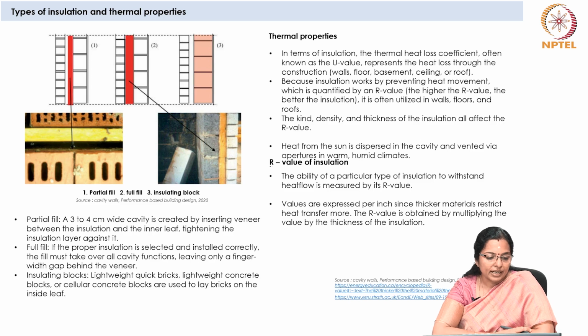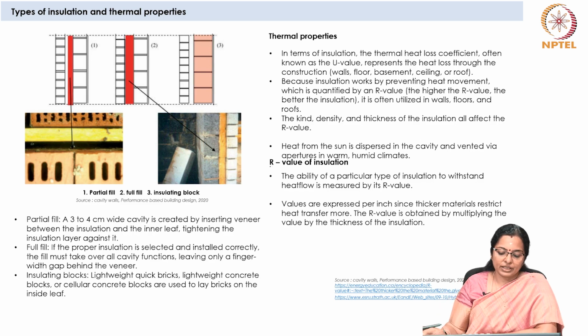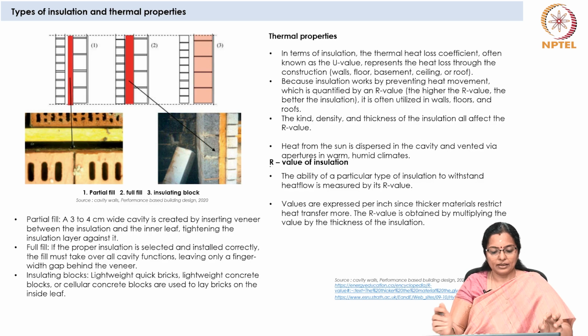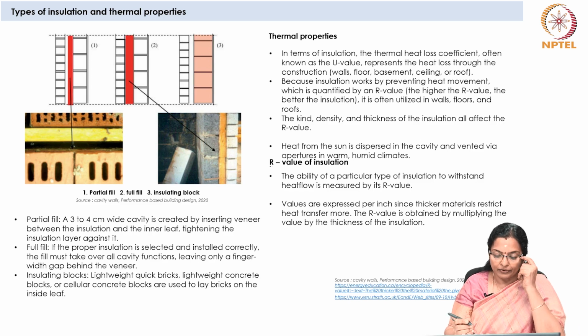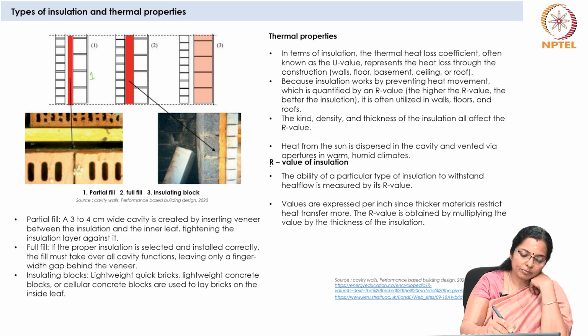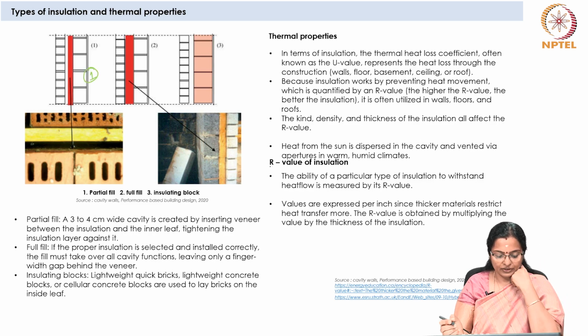Now let us look at the types of insulation as well as the thermal properties. If you look at how the insulation is filled, it can be filled in these three ways. The first is the partial fill.